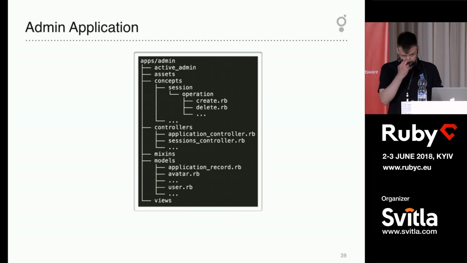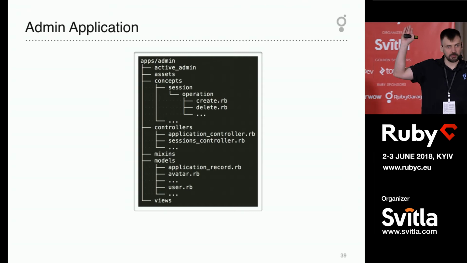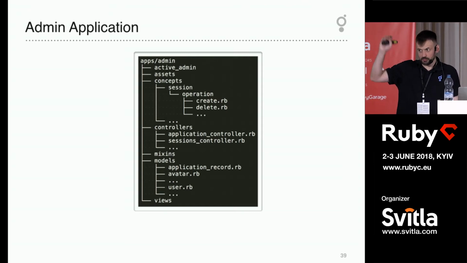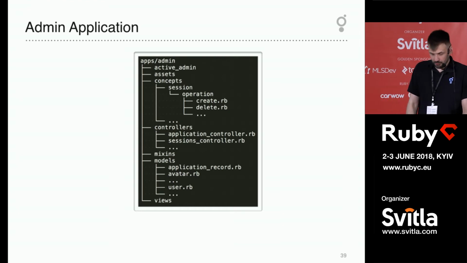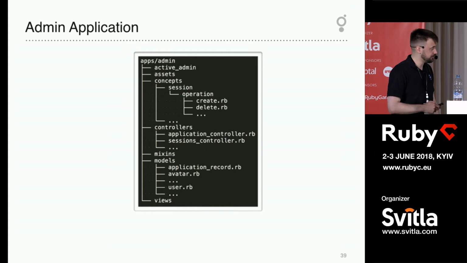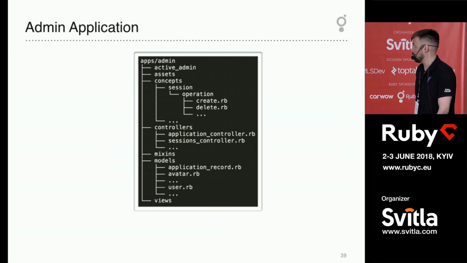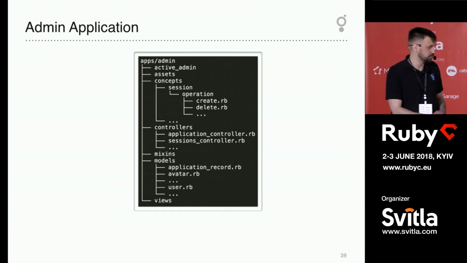For example, ActiveAdmin. Maybe someone uses this tool? We use ActiveAdmin as a kind of constructor to create, in a very quick way, a CMS solution, some kind of admin panel for our clients, and they will be able to manage any type of data.